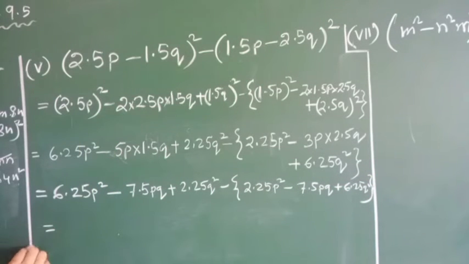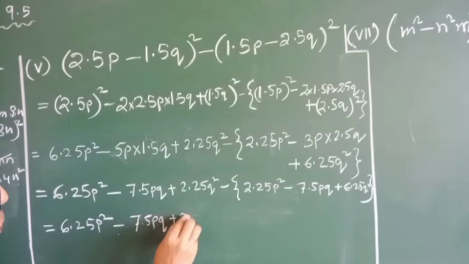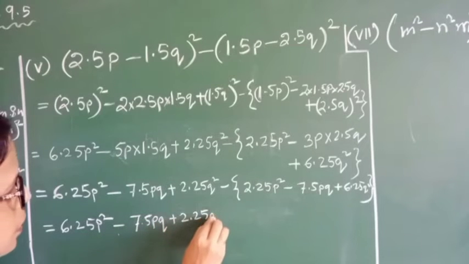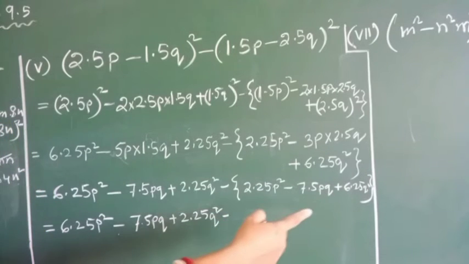Now we will open this bracket. 6.25 p square minus 7.5 pq plus 2.25 q square. Now as the minus sign is outside, all the signs inside the bracket will be changed.